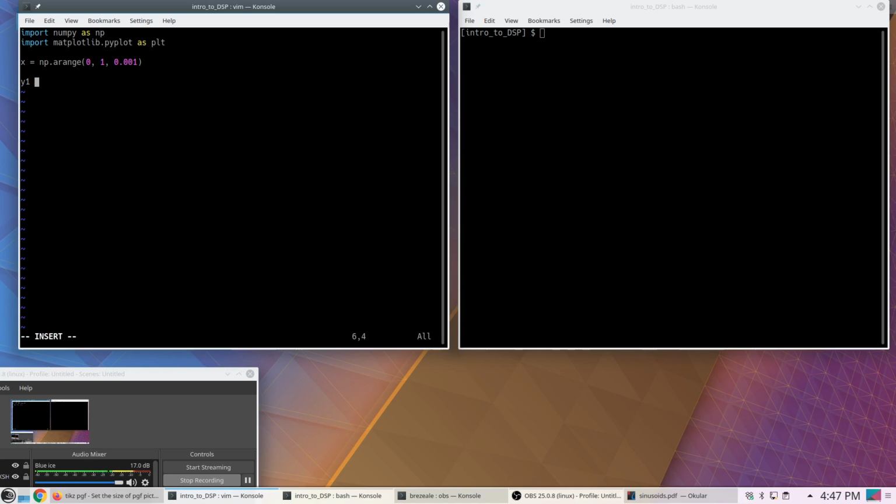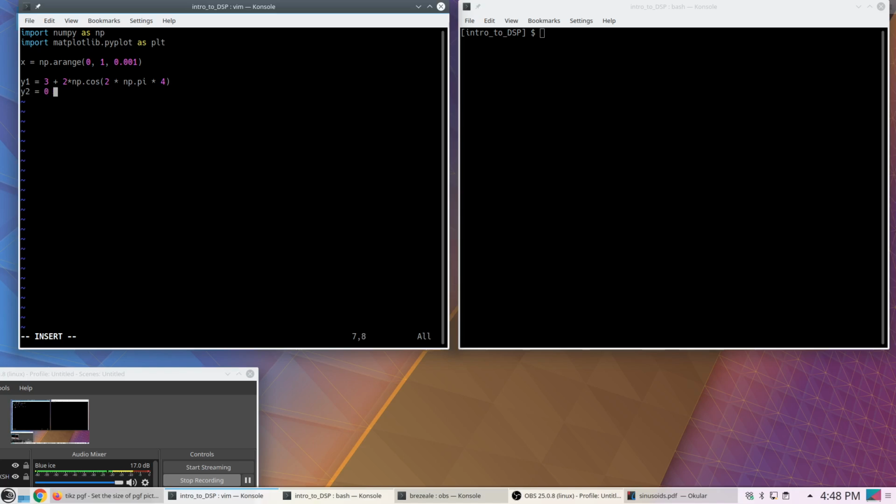So we'll say y1 is equal to 3 plus 2 times, or this should be np.cos, 2 times np.pi times x, we'll make it a 4 hertz signal with no phase shift. And then y2 is equal to 0.